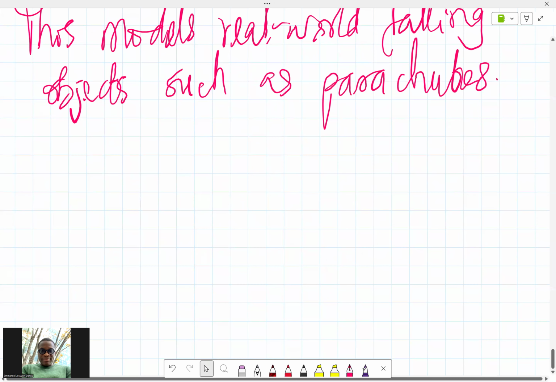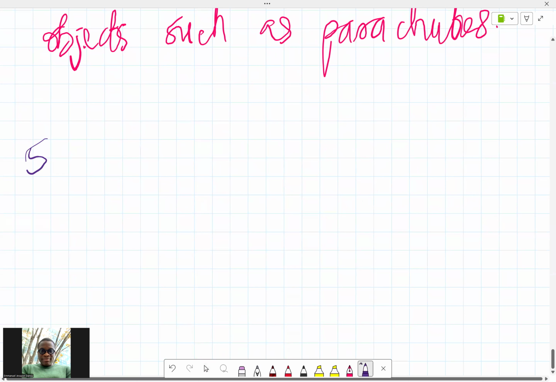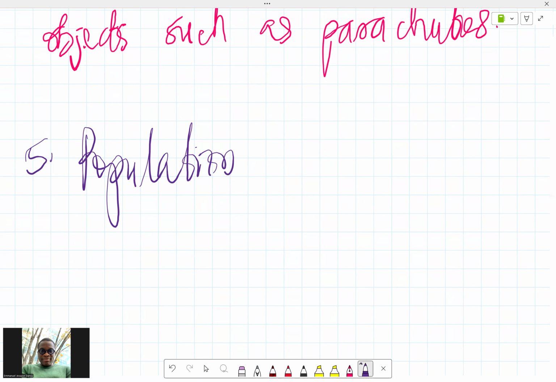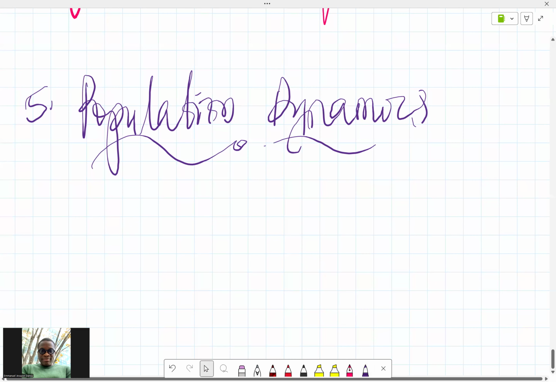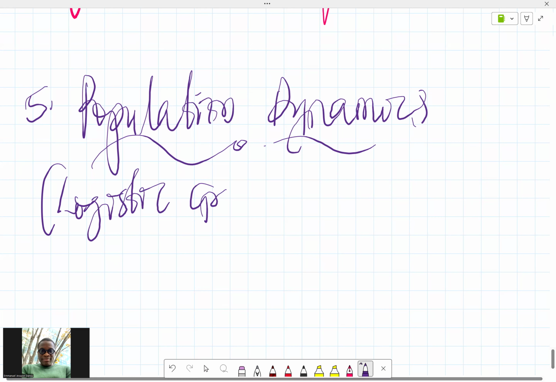Okay, number 5, I guess it's the last. Number 5, we have population dynamics. In population dynamics, we have second order differential equations. Like when we talk about logistic growth with time delay.